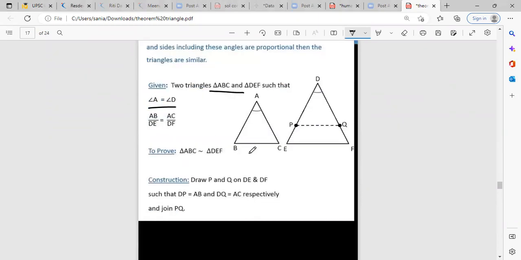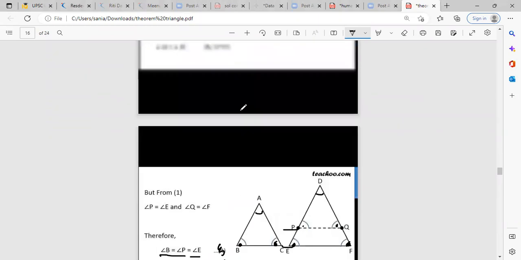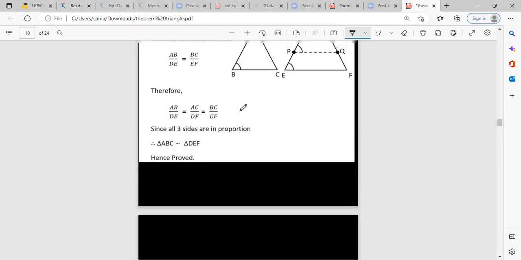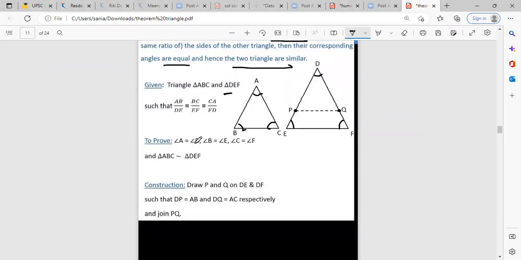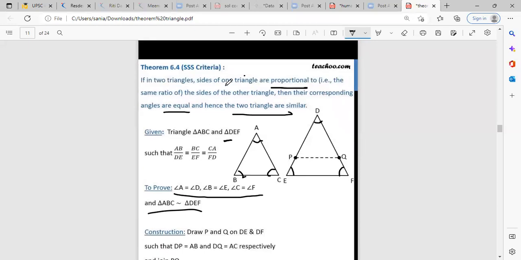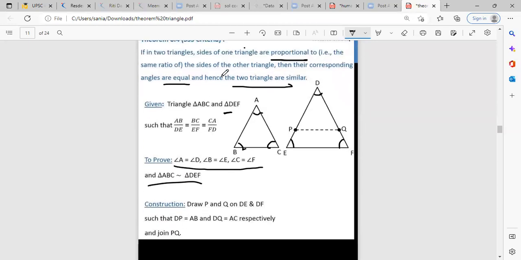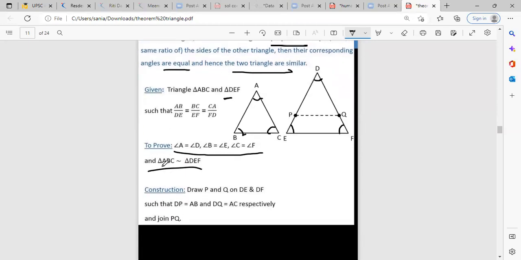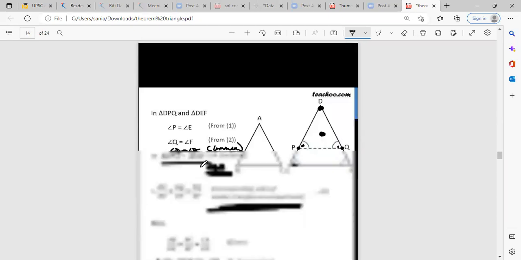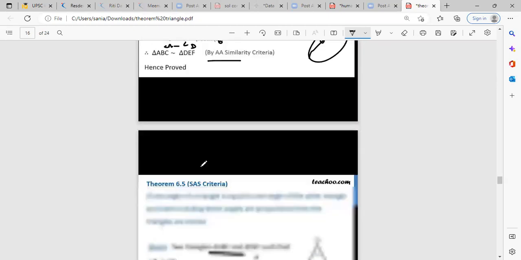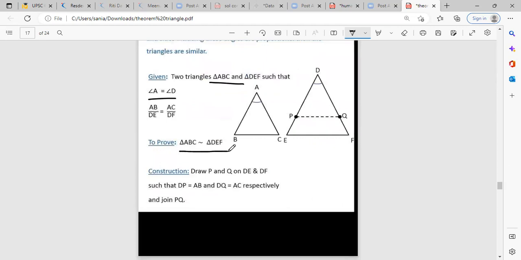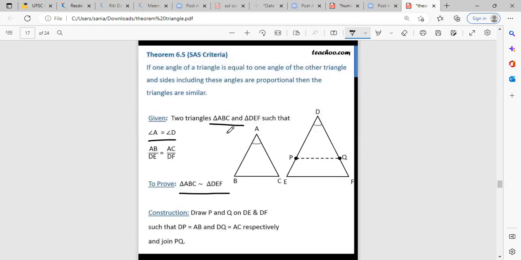When you were doing the previous one, you wrote that these angles are equal and this, because you were proving SSS. So over here you had to prove that these angles are equal and the triangles are similar. But here you just have to write that you are going to prove that these triangles are similar. That's it. That is the only difference between this and that, and the entire thing is clear.